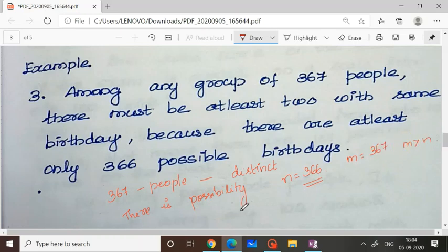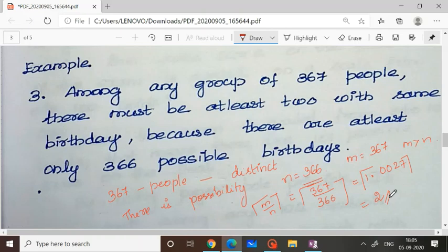So the ceiling of m divided by n is equal to 367 divided by 366. And what is the answer? The answer is the ceiling of 1.0027, and the ceiling value is equal to 2.